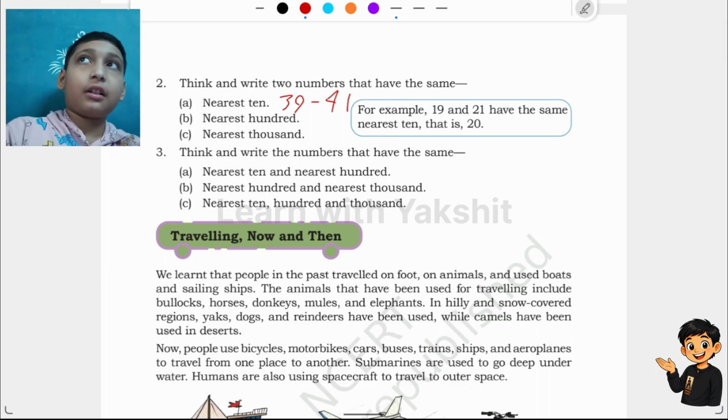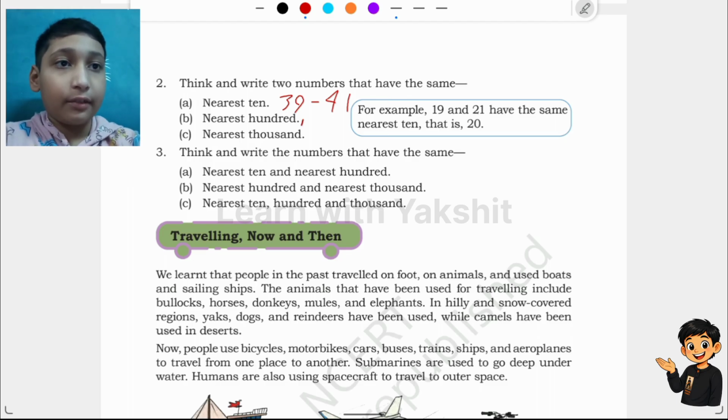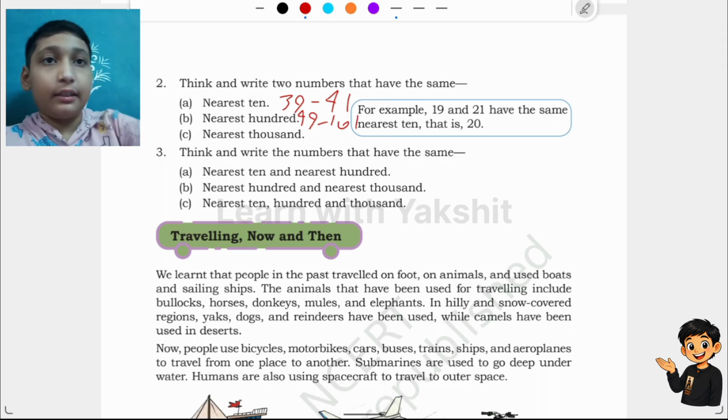How about we take a number that is closest to 100, like very close, 99, and then plus 2, 101. They are still the nearest 100.